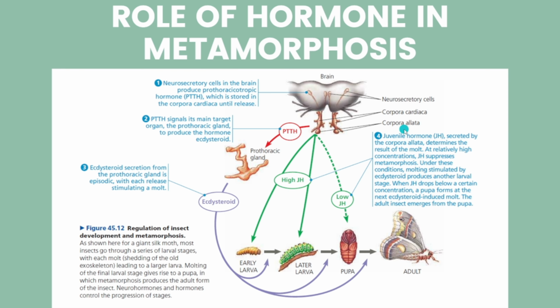The corpora allata will secrete the hormone called juvenile hormone. These two hormones are in relationship to each other.